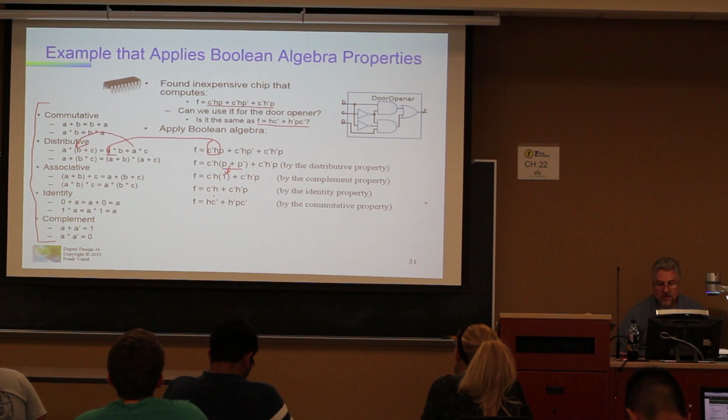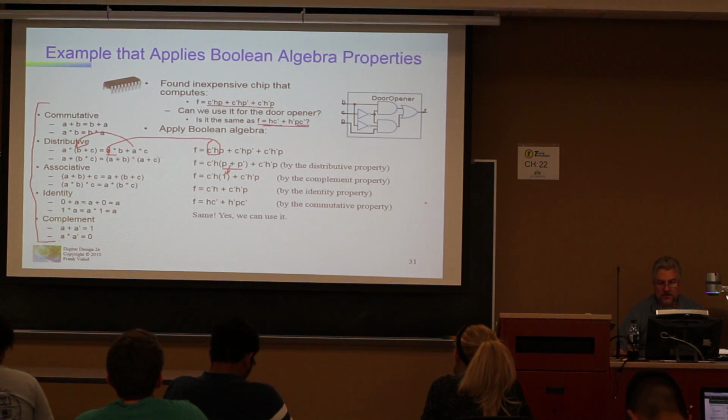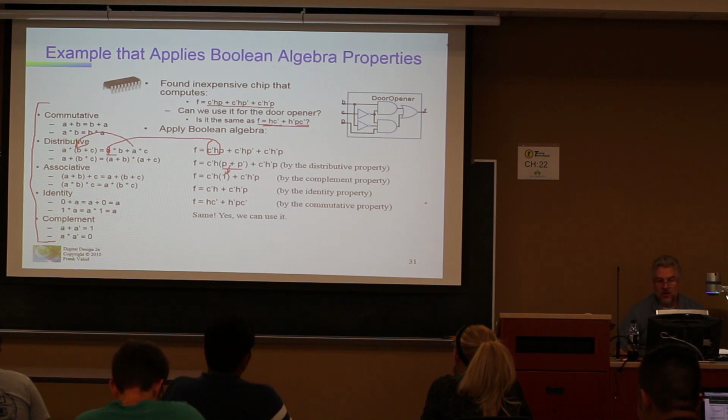And commutative, we're just moving stuff around inside. And it's the same. Ding, ding, ding, ding. Yay, we're done. So we only used what? Really, only one was relatively tricky, right? Everything else was pretty easy. The complement.